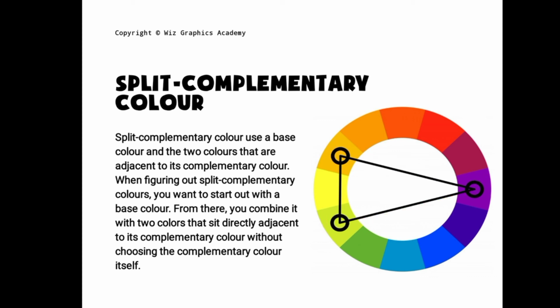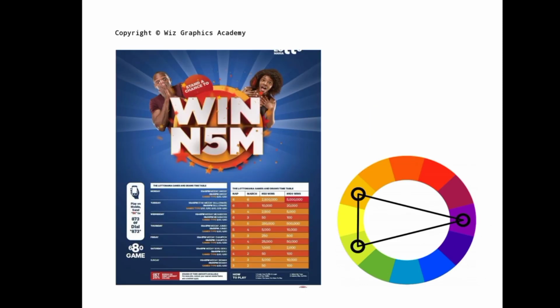So let's see a very good example of the split complementary color. This is a very good example, where the designer used these two colors and then made use of this blue.